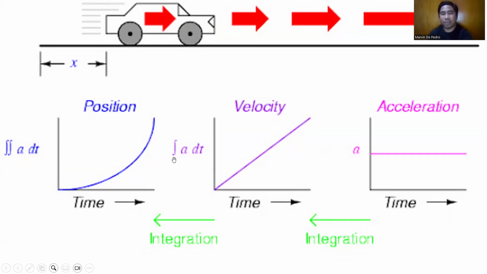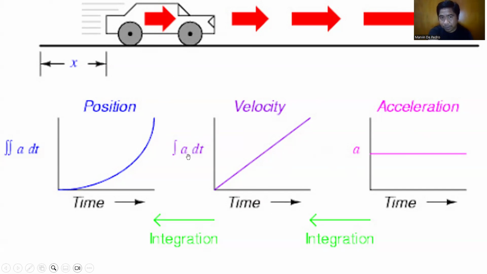Again, position: we normally have this graph, and if we take the velocity, we are taking the derivative of it. So now it only has this formula. And if you take the derivative of your velocity, you get your acceleration.